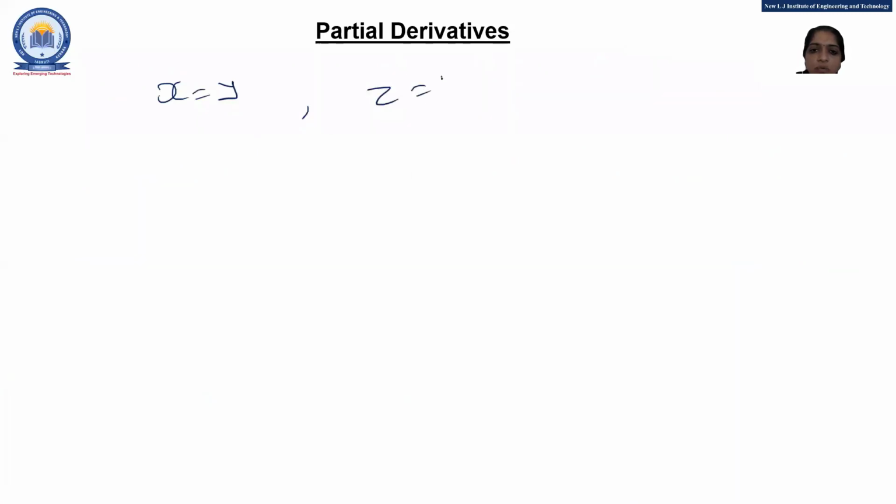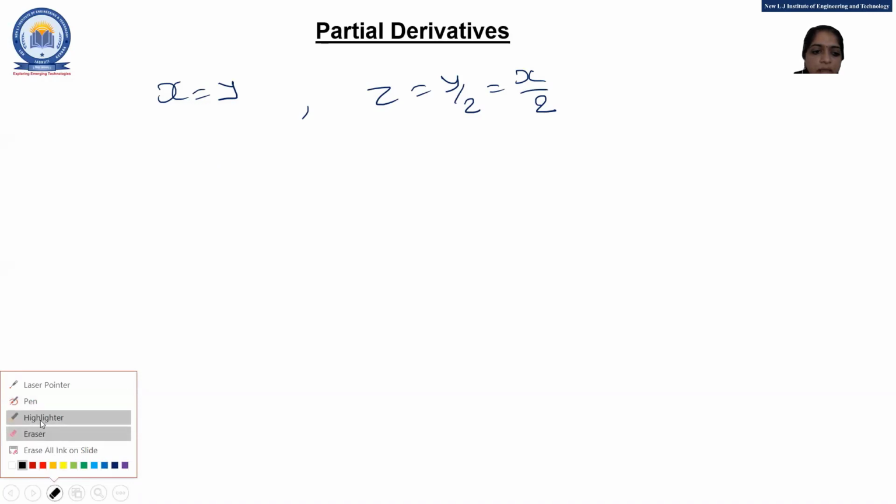Z is equal to y by 2. As x and y both are same, so z is equal to x by 2 also. So here x and y both are same, and this z is equal to y by 2 or x by 2.